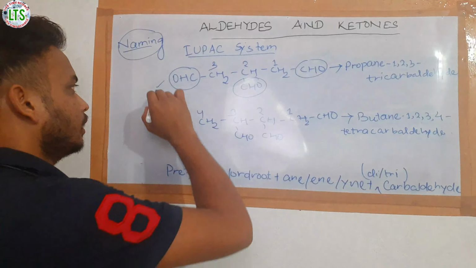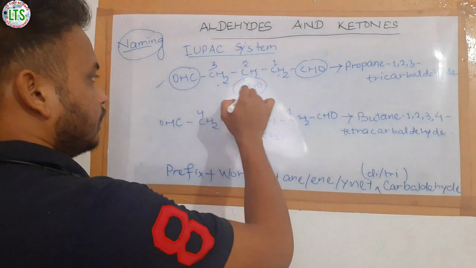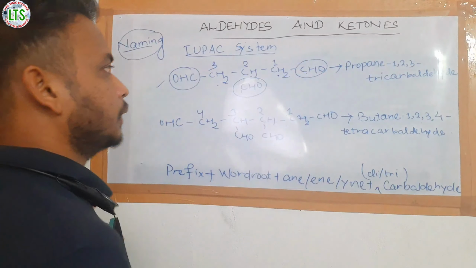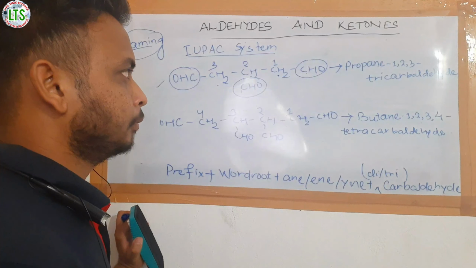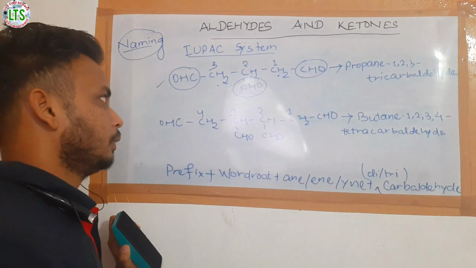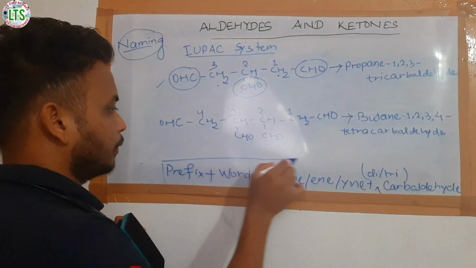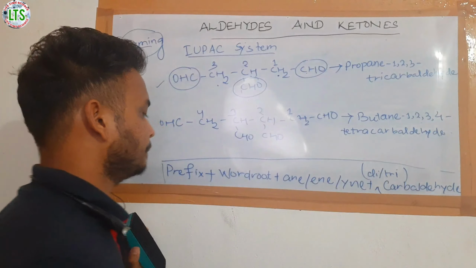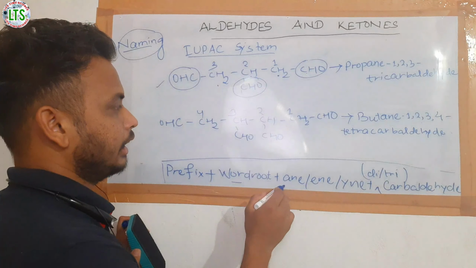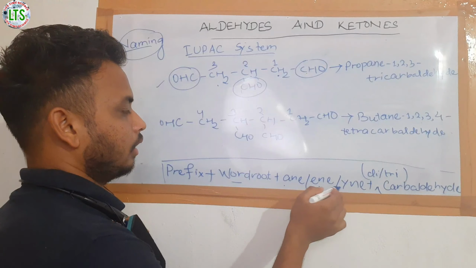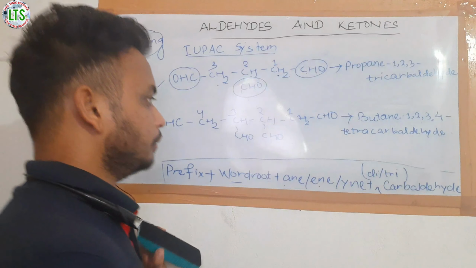For example, in the compound CHO, CH2, CH, CHO, CH2, CHO, there are 3 CHO groups or aldehyde groups. The procedure of this naming is: first we write the prefix, then the word root, then ane or yne or ene according to the bond.